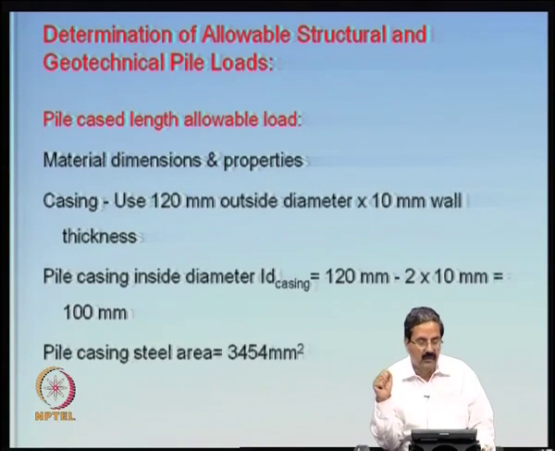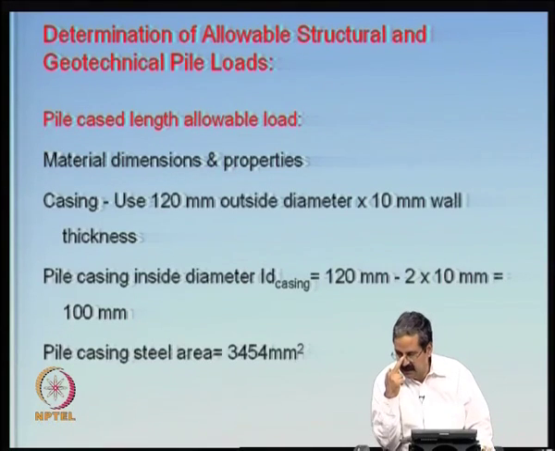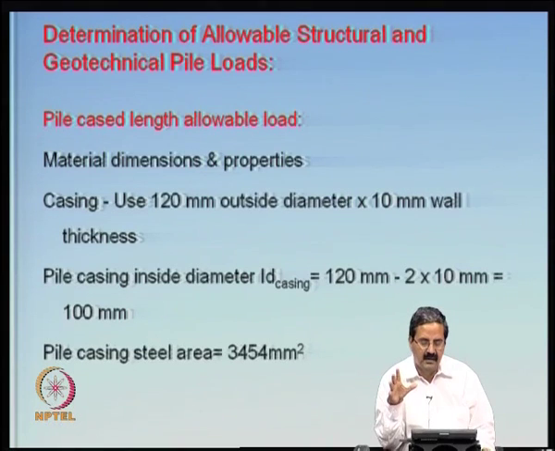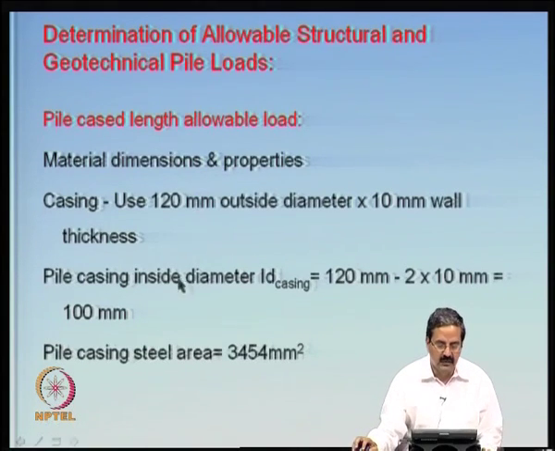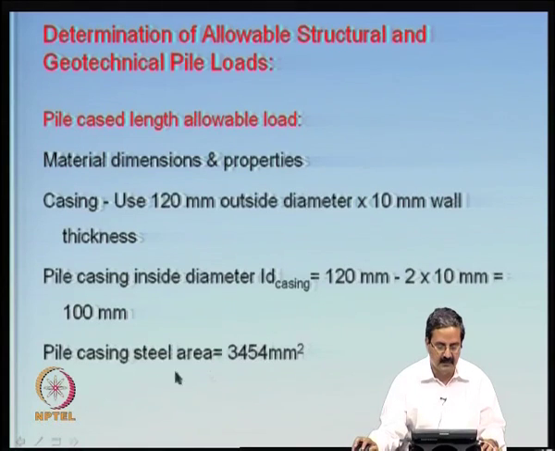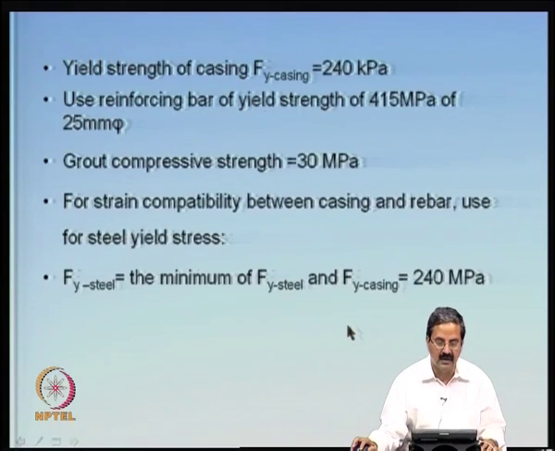Now, I look at the structural capacity also, because the structural capacity should be more than the geotechnical capacity, since it should work as a micro pile. So, we can use a 120 mm outside diameter, with steel pipes or some simple casing, and the steel area is calculated.